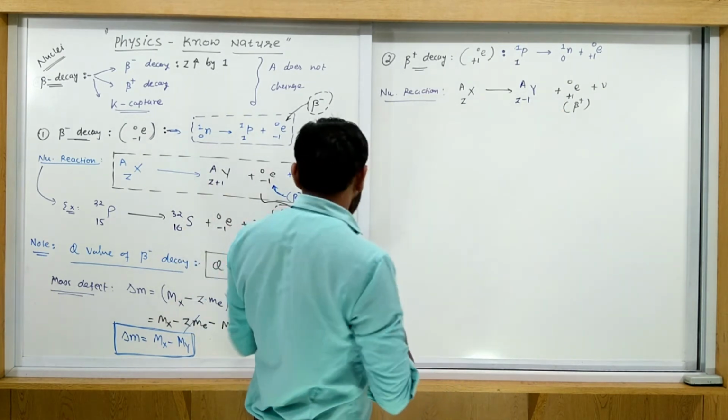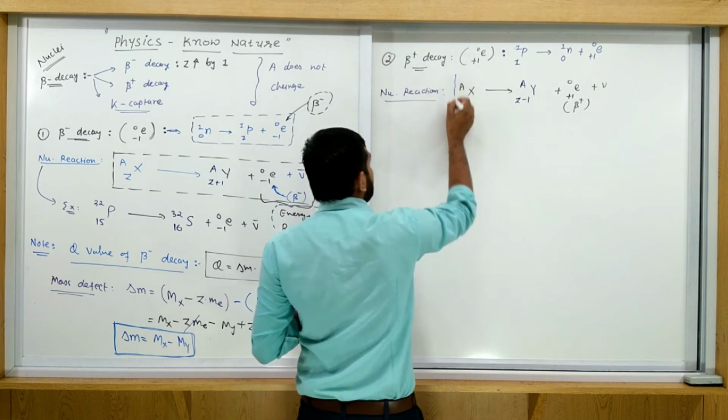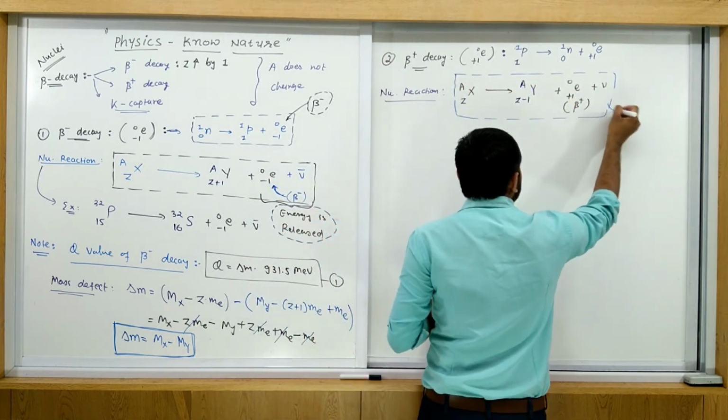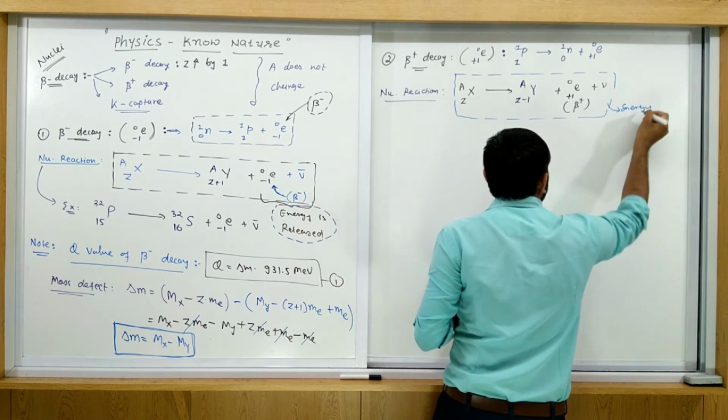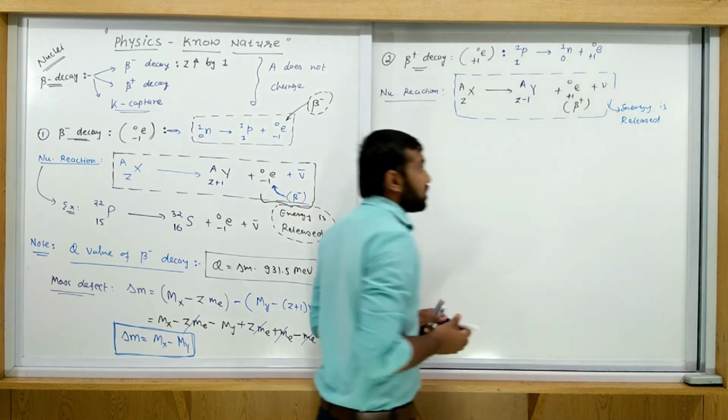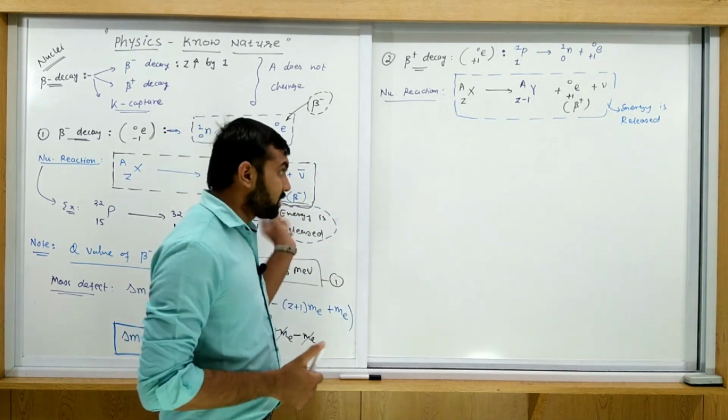Exactly this type of relation is written for beta plus decay, and energy is released. We will discuss the released energy later on.